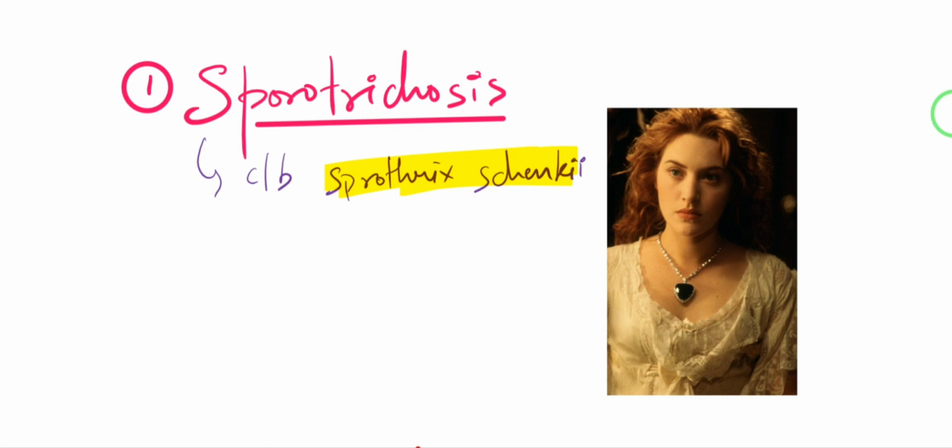Sporothrix schenckii is a special thermally dimorphic fungus in a way, because all the thermally dimorphic fungi are usually going to cause systemic mycosis, and this one is causing subcutaneous mycosis. So it is the only thermally dimorphic fungus which is not causing a systemic mycosis.